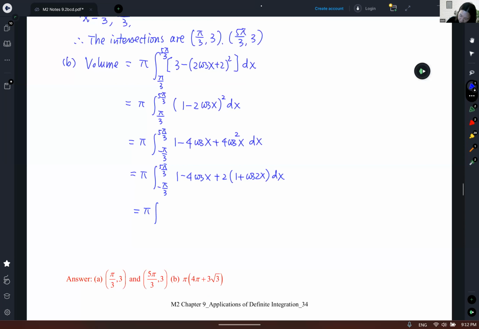Further simplify: it becomes 3 minus 4 cosine x plus 2 cosine 2x dx. Now that it's simplified, I will do the integration.